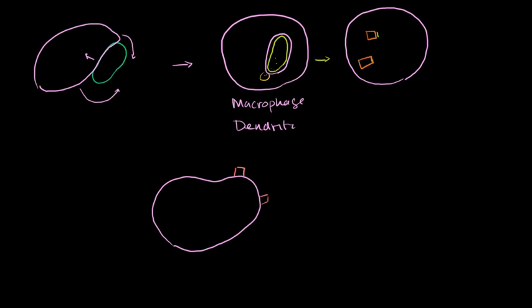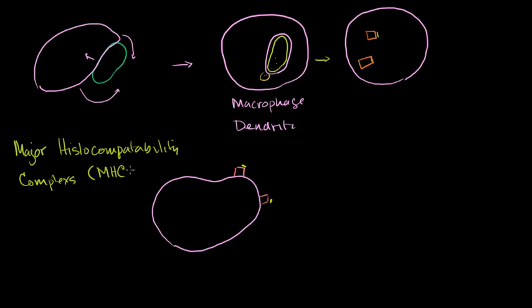So let me do it right here. So it has a little bit of the original pathogen on it that I drew in green right here. And these proteins right here, these are called, and it's a fancy word, and I talked about it in the previous video, these are called major histocompatibility complexes, or MHC for short, MHCs.